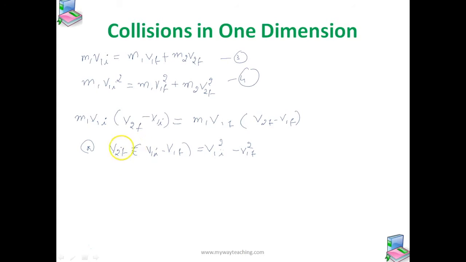So at the final output v2f is equal to v1i plus v1f.